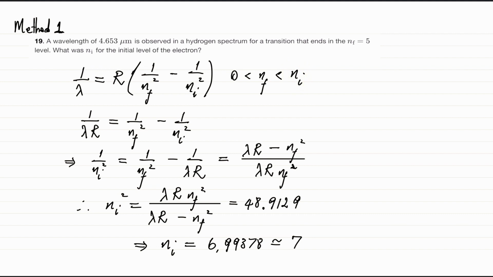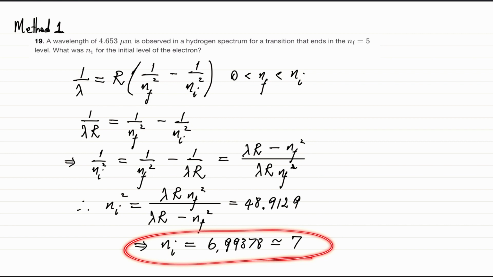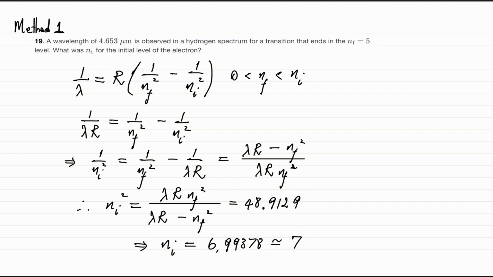Okay, and if we use this formula, observing this condition, eventually it's just mathematics and some numerics, and what I found was that the initial orbit from which the electron must have come should be labeled by quantum number 7. So you can check this out.